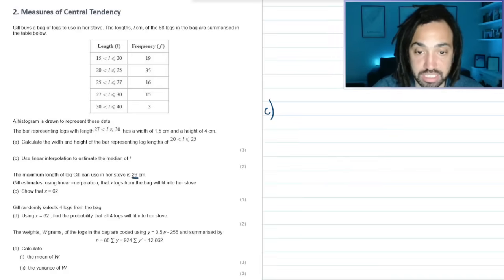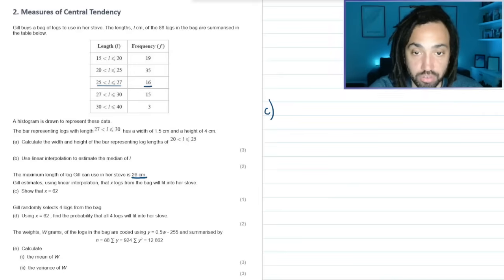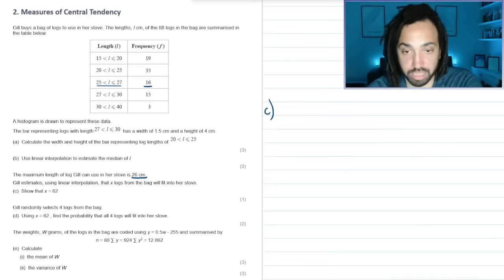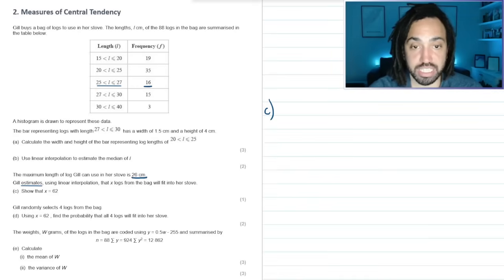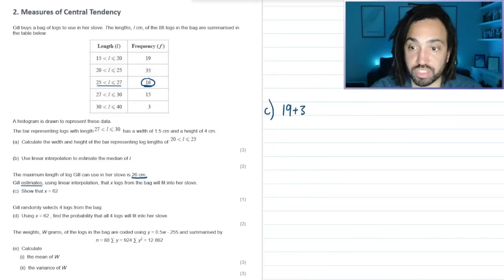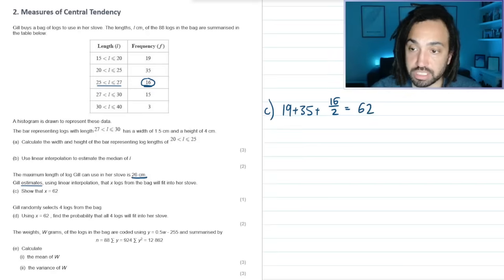And the fact that 26 is perfectly halfway in this interval means that half of that 16 will be less than 26 and the other half will be greater than 26 by estimation. Of course, it's not necessarily like that, but again, it says to estimate using this method, so that's fine. So there's going to be 8 basically, which are less than 26 in this group. So we just need to do 19 plus 35 plus that half of 16, which is 8. So that gives me a total of 62.